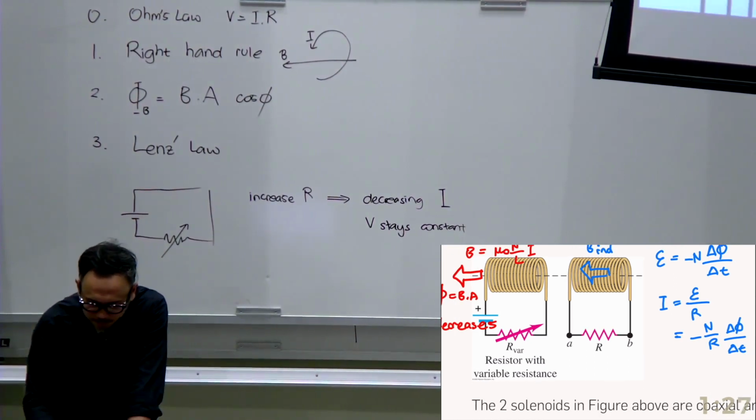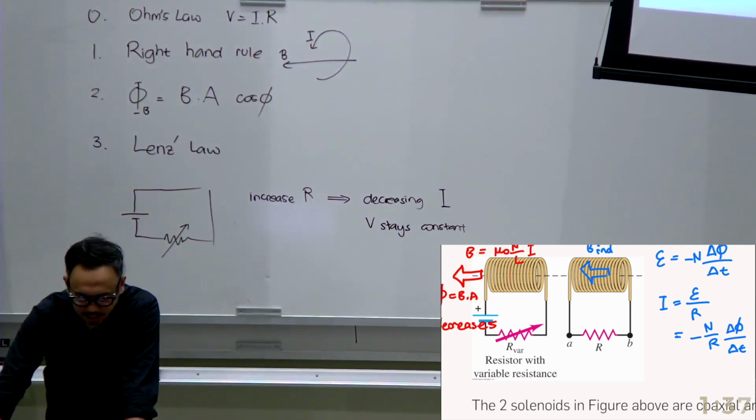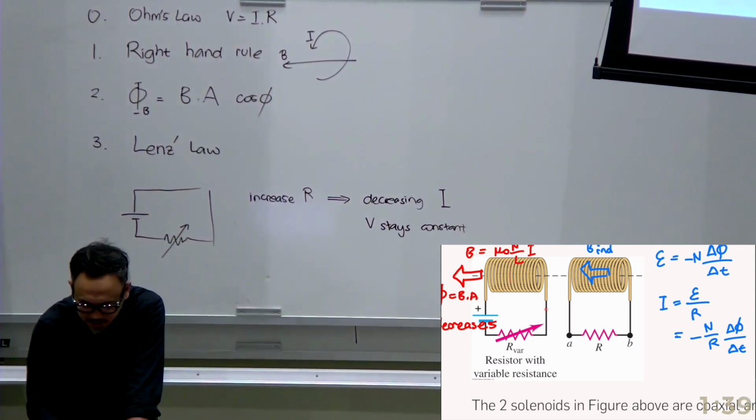If you know that these two solenoids are identical, and the flux decreases, that means the direction of the current should be the same as the other one, because you want to produce the same flux, not the magnitude, but the direction. So the current should flow from B to A, similar because in the other solenoid also, the current flows from right to left, okay?